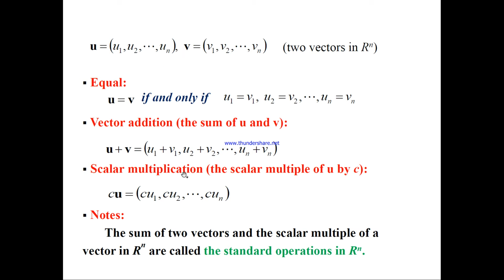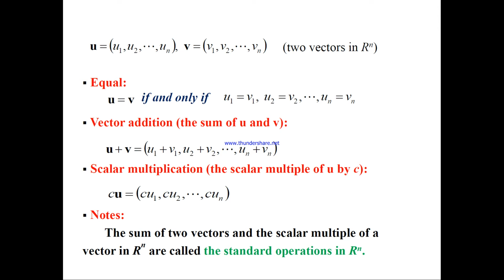Scalar multiplication. Now here you can't multiply two vectors. We are not multiplying two vectors here. If I say multiplication with any vector, we will multiply a scalar element with the vector. Therefore we call it scalar multiplication. Now take some value c, that is a scalar component.